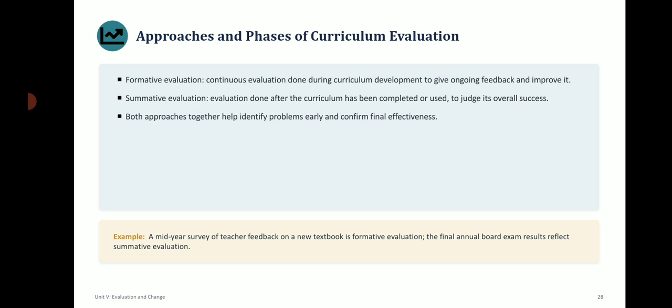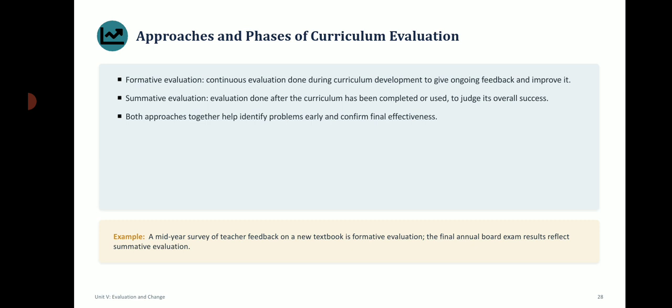Context and input come under initiation and structuring; process and product come under operations. Clearly, four elements: context, input, process, product. The first two, context and input, we call curriculum initiation and structuring. The second two, process and product, are operations.